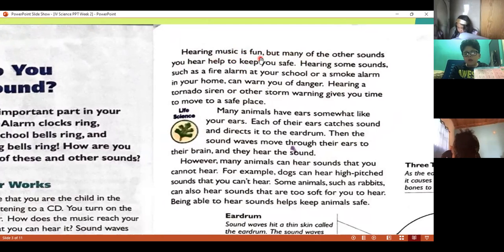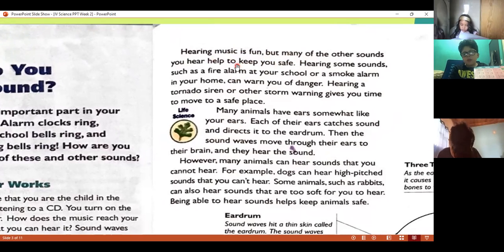Hearing music is fun, but many of the other sounds you hear help to keep you safe.